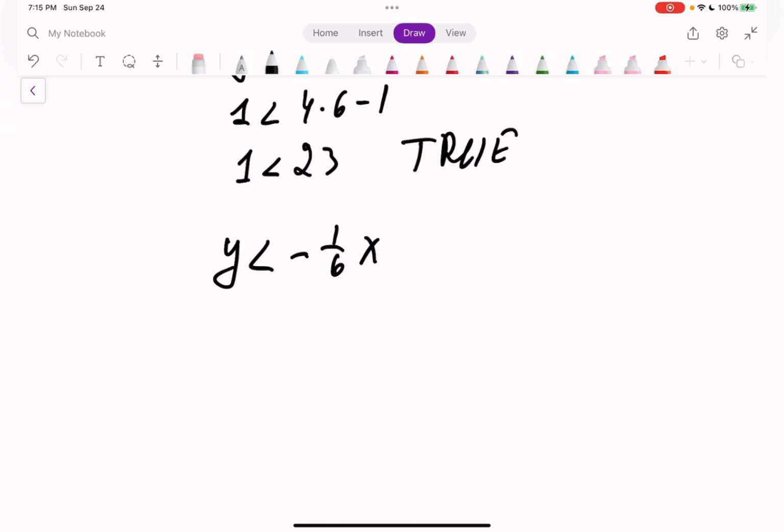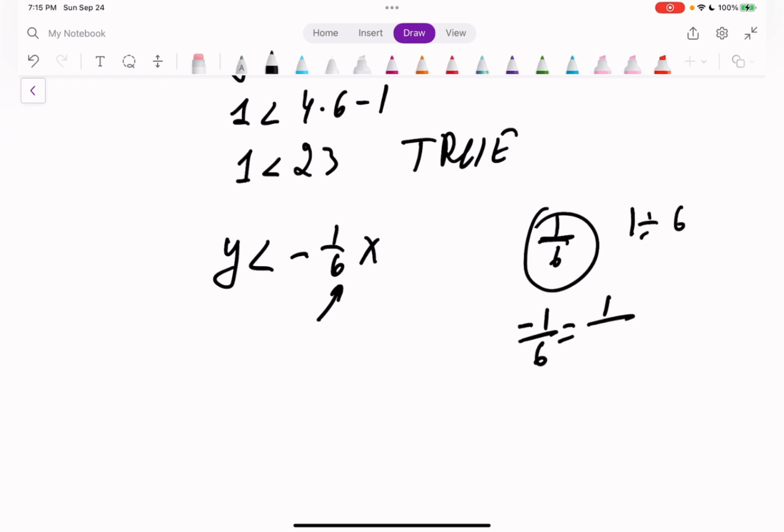This is our slope, right? Negative 1 over 6. 1 over 6 is this fractional line, meaning division. You can write it like this, or you can write it like this. When you have a negative sign, you can write negative 1 over 6, or you can write 1 over negative 6. Which way you want to take it is entirely up to you. Let's take this one this time.